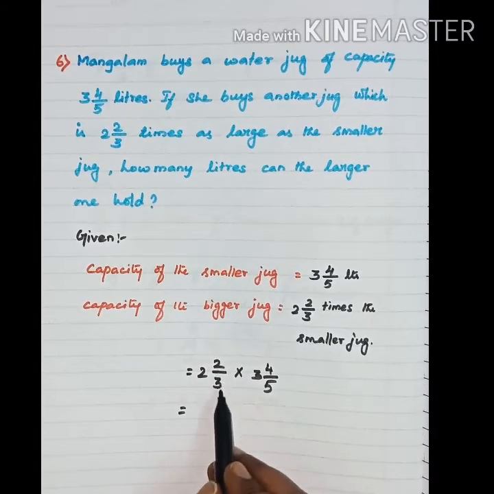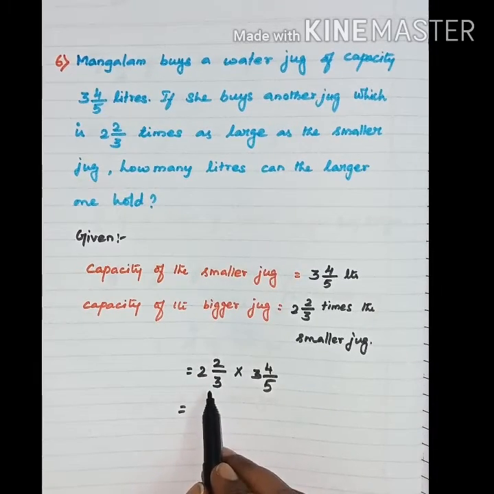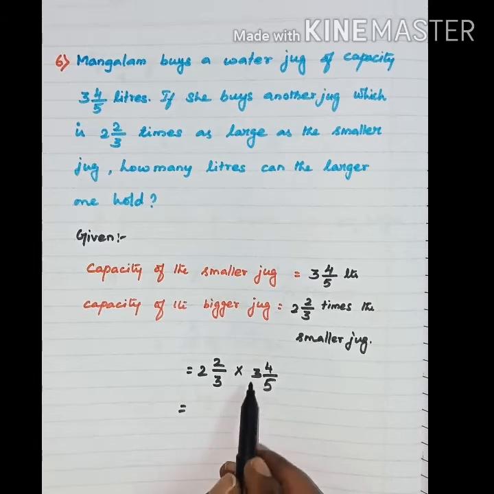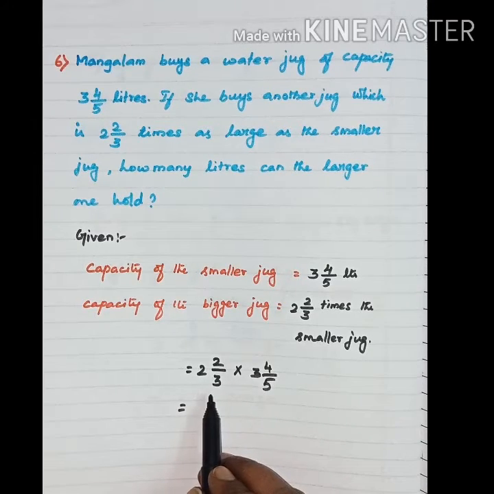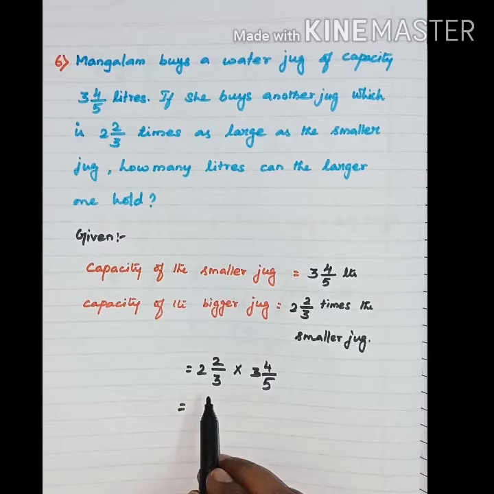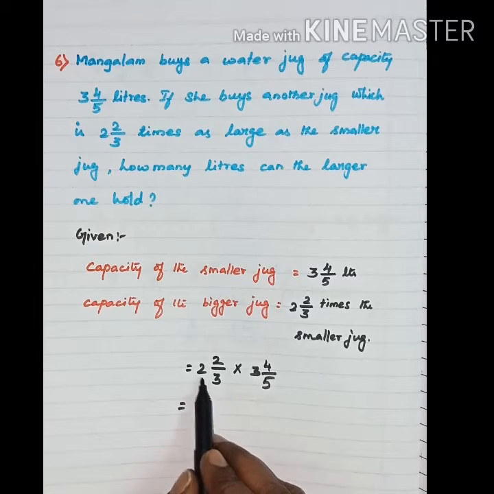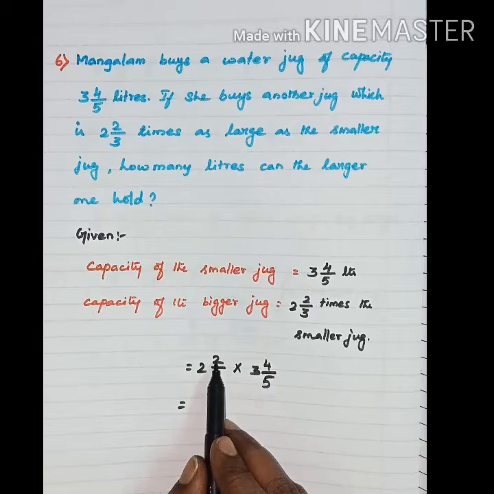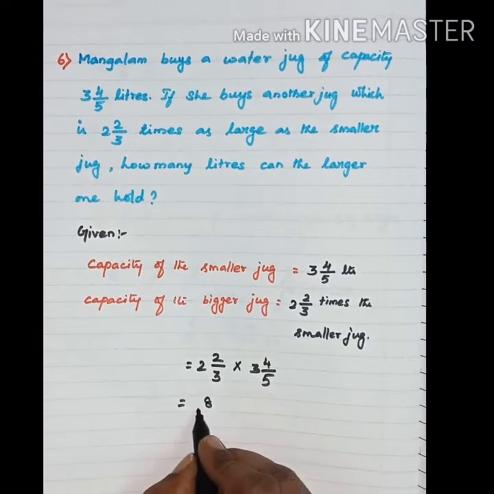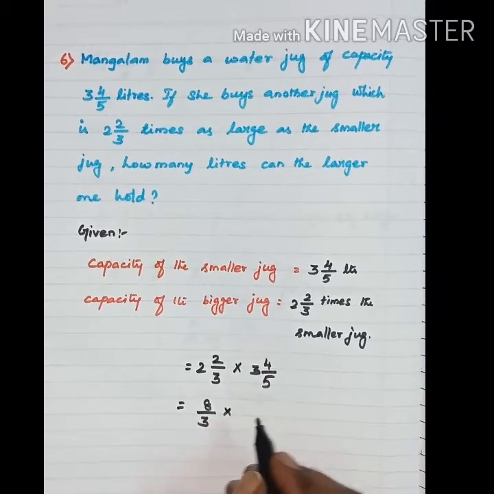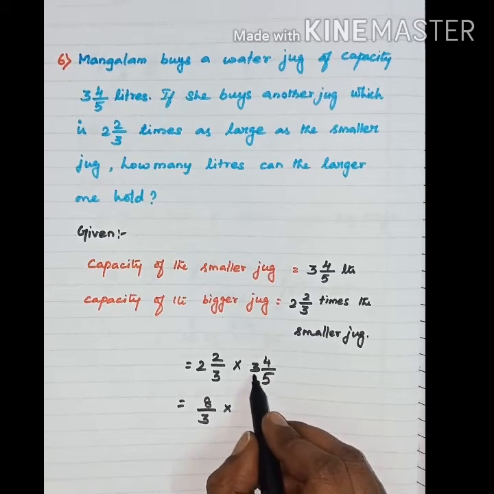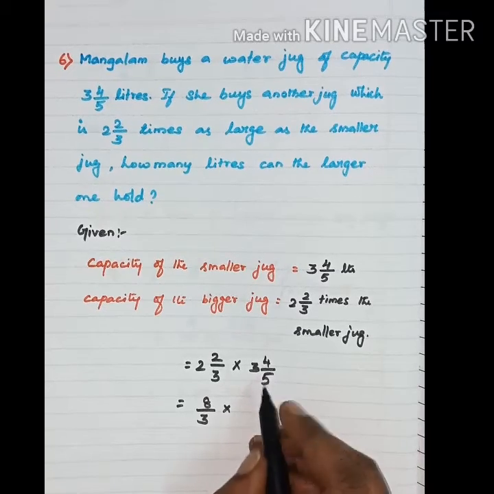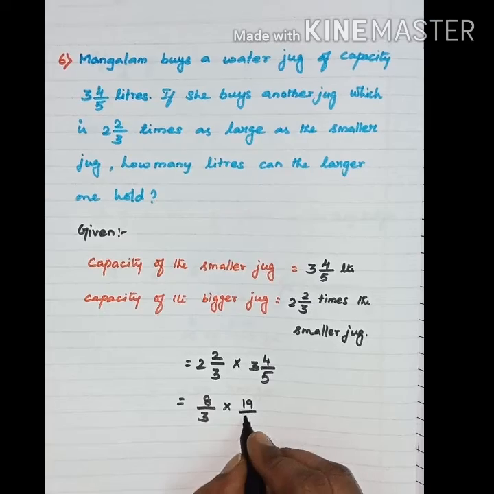Here it is in the form of mixed fraction. We have to change the mixed fraction into improper fraction. That is 2 3s are 6, 6 plus 2 is 8/3 into 3 5s are 15, 15 plus 4 is 19/5.